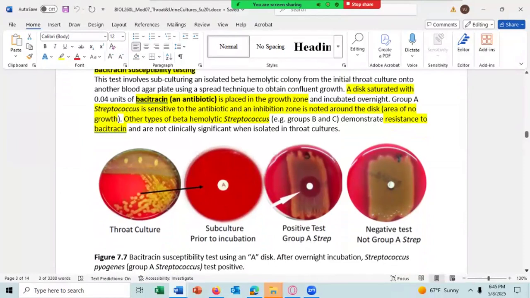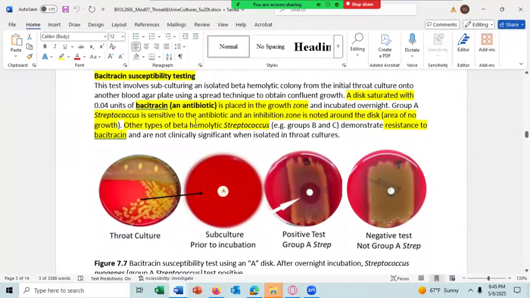The second test you need to show that a beta hemolysis colony on blood agar is Streptococcus pyogenes is by running the bacitracin test. So with catalase, if it's catalase negative, it's either a member of Streptococcus or Enterococcus, but there are other species besides Streptococcus in those two families.